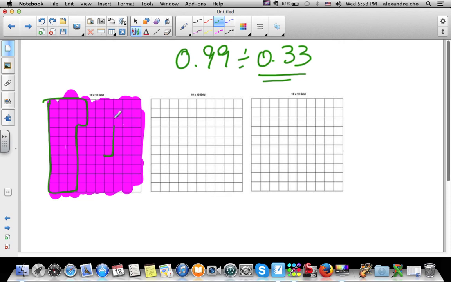So this right here will be another group of 33. Let's see how much I have left over. 10, 20, and this is 9, so it's 29, 30, 31, 32, 33. This would be my last group of 33. So I was able to make one group of 33, 2, and 3 groups of 33. So how many times can 0.33 go into 0.99? 3 times.